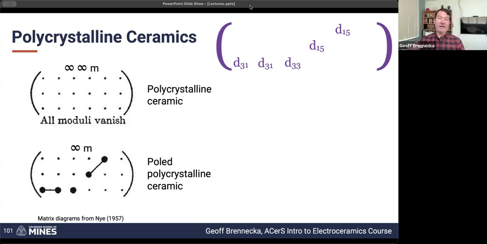So that means that in order to use a polycrystalline ceramic as a piezoelectric, we have to be able to pole it. One option is for it to be ferroelectric. Another is to build in some sort of crystallographic texture. So in one of the early examples, I showed aluminum nitride based thin films.